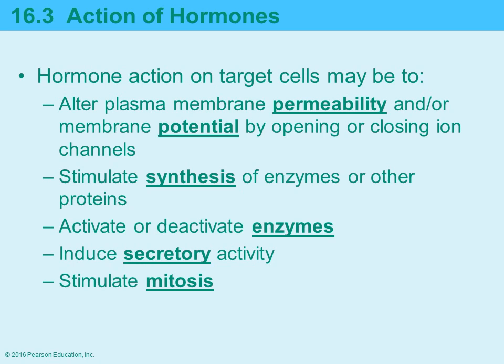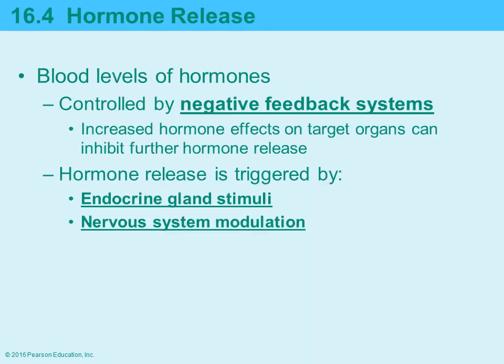Sometimes it may trigger the synthesis of other enzymes or additional proteins. Sometimes it may deactivate enzymes. Sometimes it may activate them. Sometimes it may induce activity triggering the secretion of other compounds. And it may stimulate mitosis. So there's a wide variety of effects that it can have.